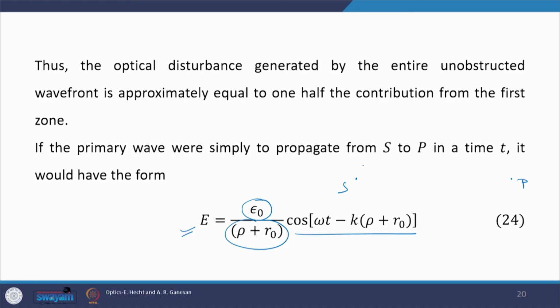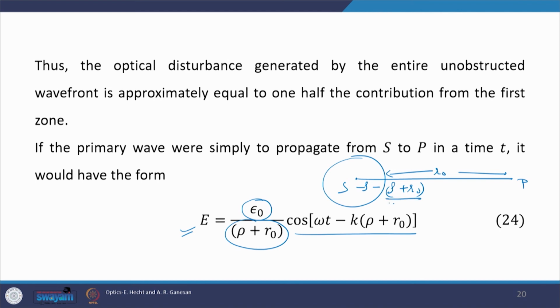And what is this traditional way? This expression: the amplitude by the radial distance into the phase part, cos(omega t minus k(rho plus r naught)), because effectively we have a source and a point of observation, and the spherical wave front starts from a point source, and this distance is rho plus r naught. Rho is the radius of this wave front, and r naught is this distance.